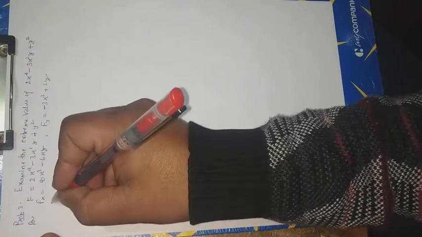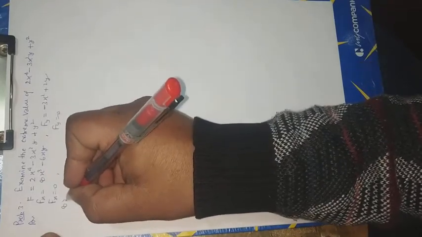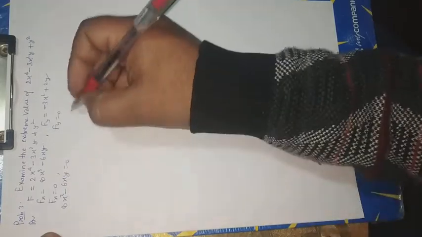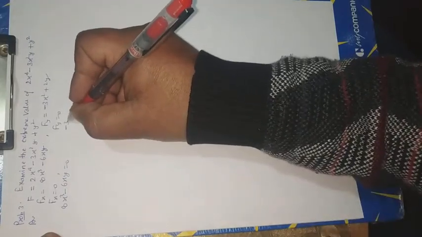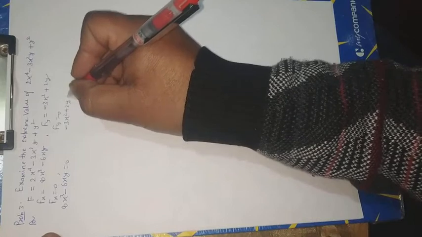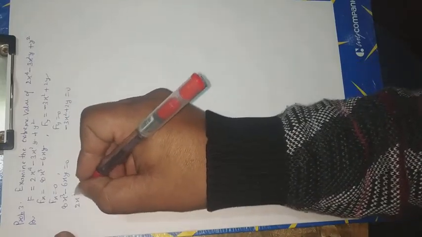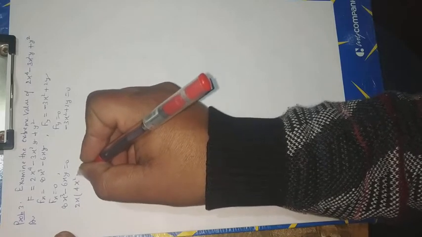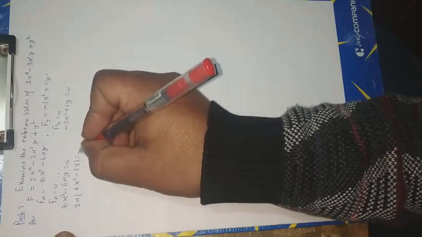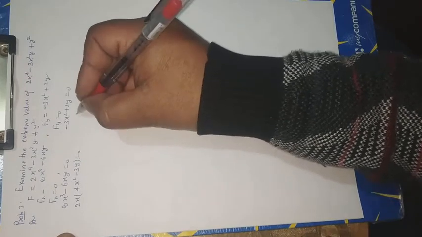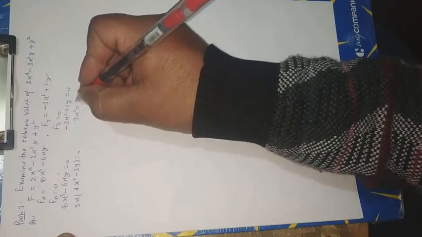For stationary point, fx is equal to 0 and fy is equal to 0. So 8x cube minus 6xy is equal to 0, and minus 3x square plus 2y is equal to 0. 2x is common: 4x square minus 3y equal to 0. Now 3x square is equal to 2y.